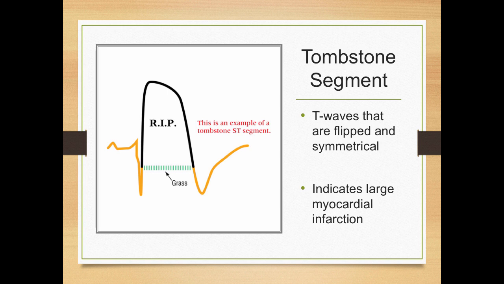You see this, it's going to jump off the page at you. And this is the point for you to go, you know what, we're going to do some things really quickly, and we're going to call a code STEMI really quickly to the hospital and get the cath lab team activated, because this is a big old heart attack, big old MI, your tombstone T wave.